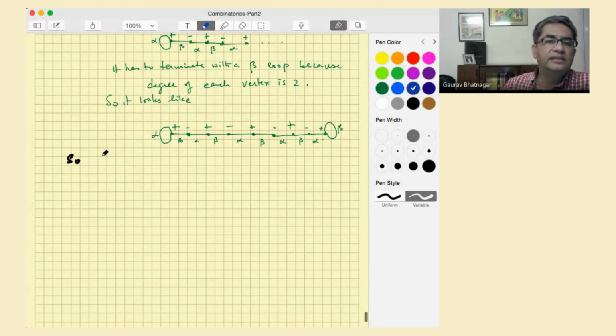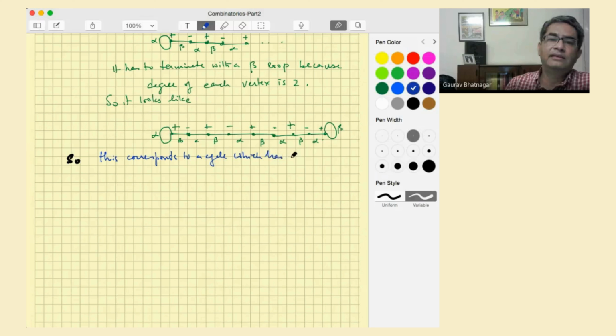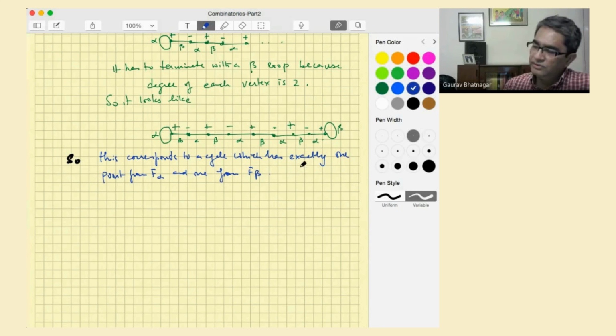So this corresponds to a cycle which has exactly one point from f alpha and one from f beta. So this finishes the proof.